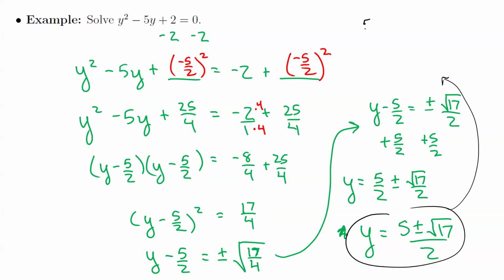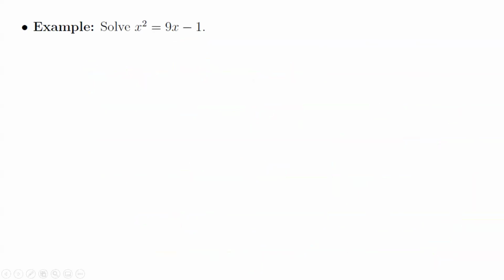On the one hand, it's 5 plus the square root of 17/2, and then 5 minus the square root of 17/2. This is showing me two distinct solutions. All right, go ahead and try this one, and then unpause it and come back and see how you did on it.